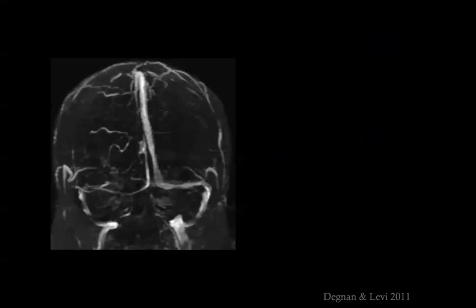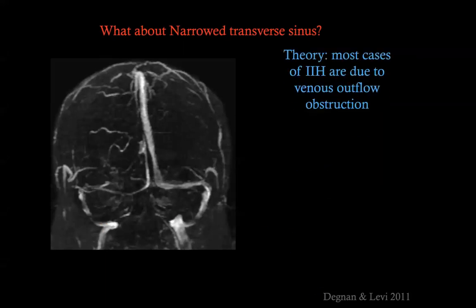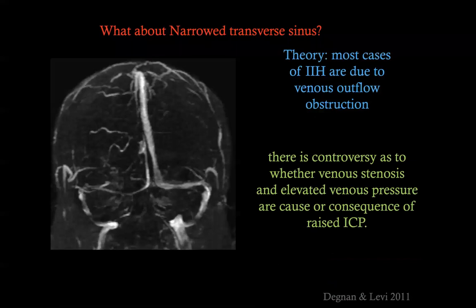And this is the narrow transverse sinus. The theory is that most of the cases of IIH are associated with venous outflow obstruction, but there are controversies. Is this the cause of or a consequence of IIH? But you can use this in your MRV to exclude thrombosis, and also as another sign that you can use.